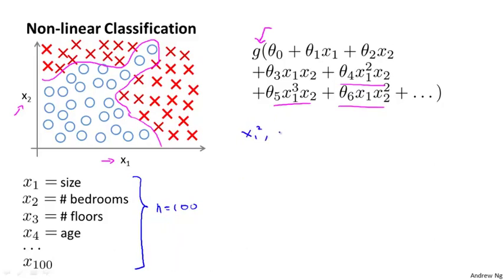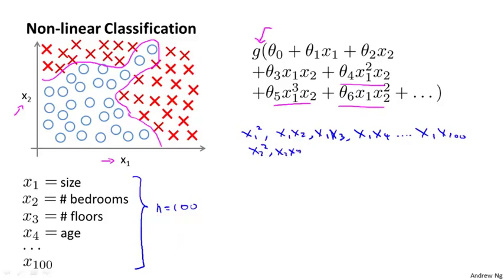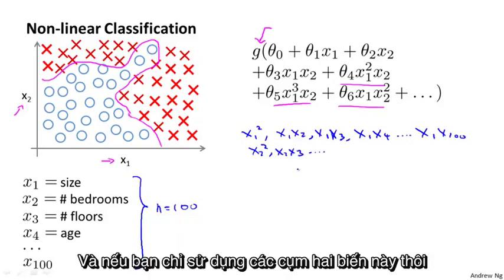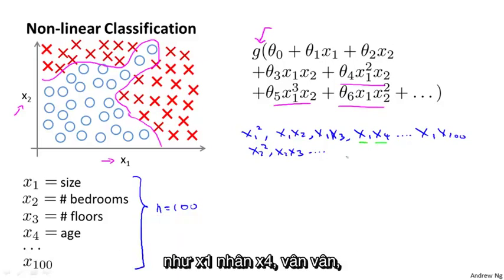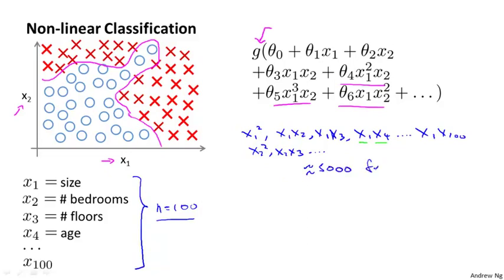There'd be terms like x1 squared, x1x2, x1x3, x1x4, up to x1x100, and then you have x2 squared, x2x3, and so on. And if you include just the second order terms, that is the terms that are a product of two of these terms, x1 times x1, and so on, then for the case of n equals 100, you end up with about 5,000 features.